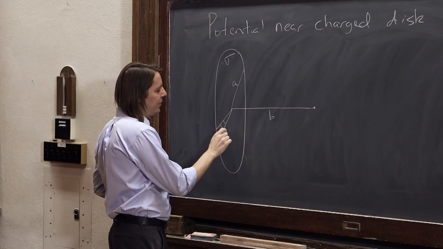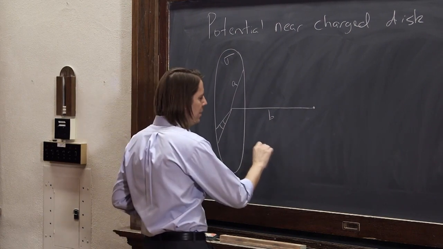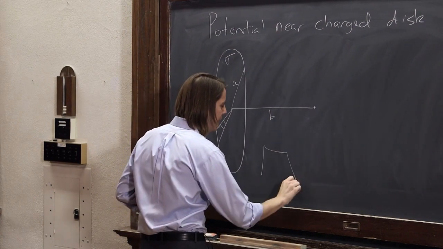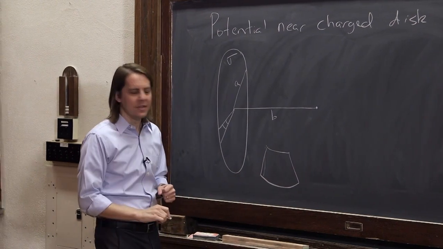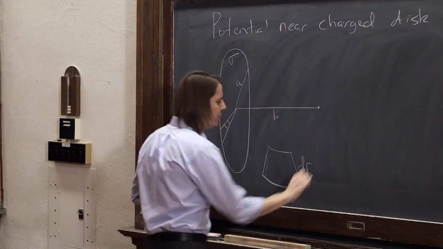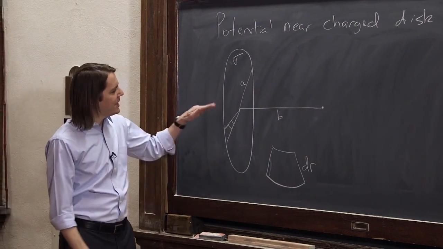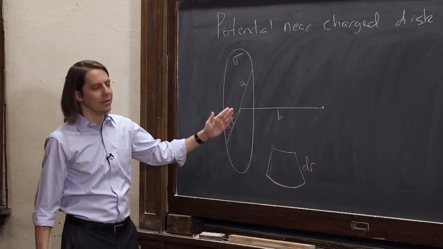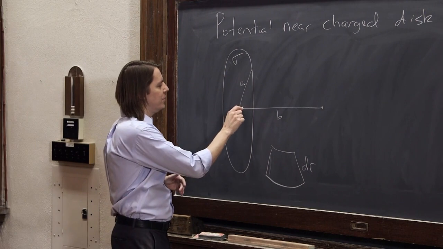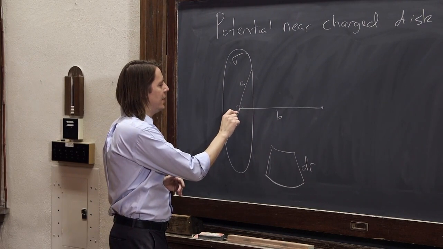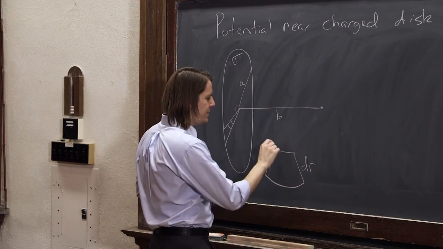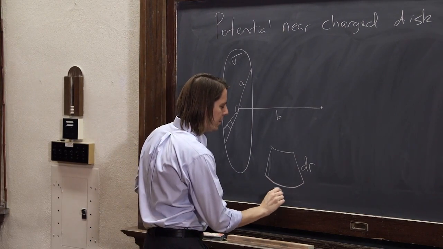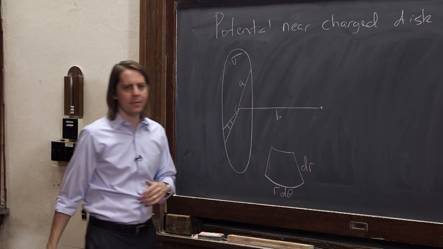So I have a little piece of the disk, right? It's got dr this way. But then to make it, I also had to move around theta. We're doing this in polar coordinates. So you come around here to theta, and then you go to theta plus d theta. So this little distance here is r d theta.